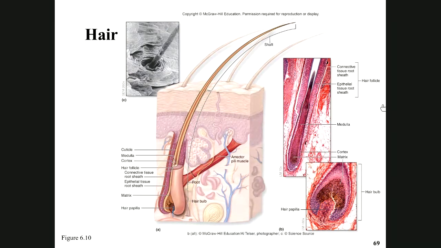The color of the hair is different in different individuals. The color of the hair is determined by the synthesis of melanin in the matrix of the hair, which is located near the hair papilla. We have different colors based on genetics, environment, and hormonal factors.